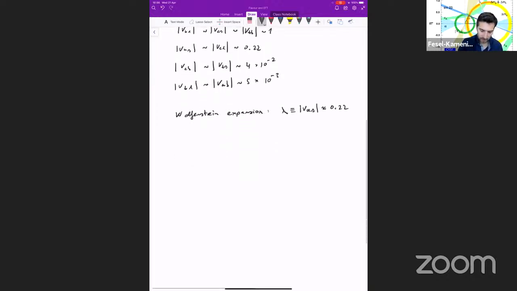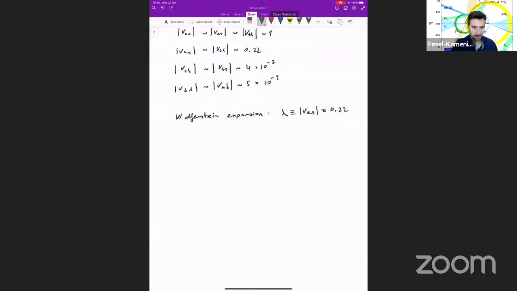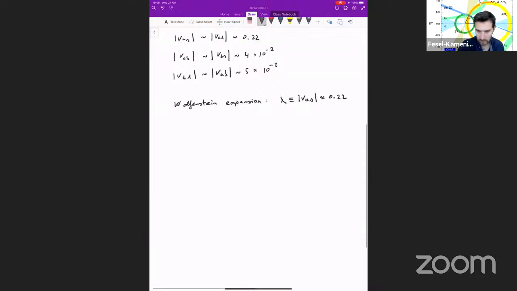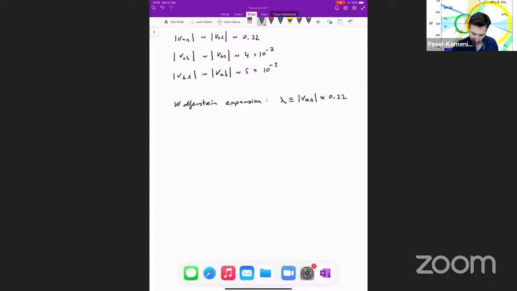Using this expansion parameter, one can do a systematic expansion. To make it even more exact, let me share one slide with you.